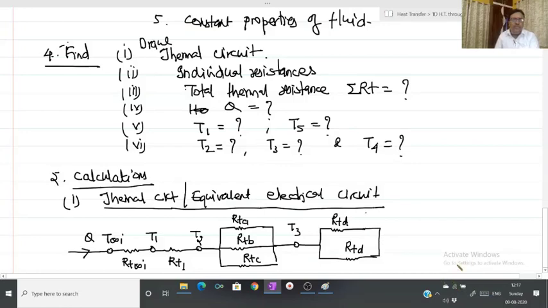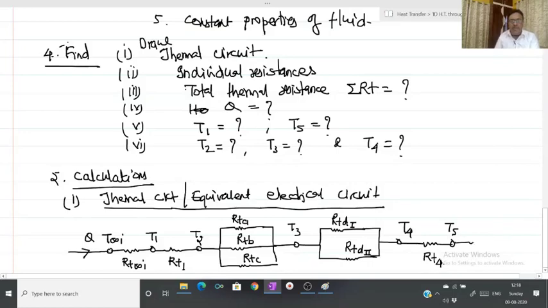Let's say I represent them as RTD1 and RTD2 between temperatures T3 and T4. And finally, the fourth slab is made up of a single layer, so it is going to offer only a single thermal resistance, represented by RT4.